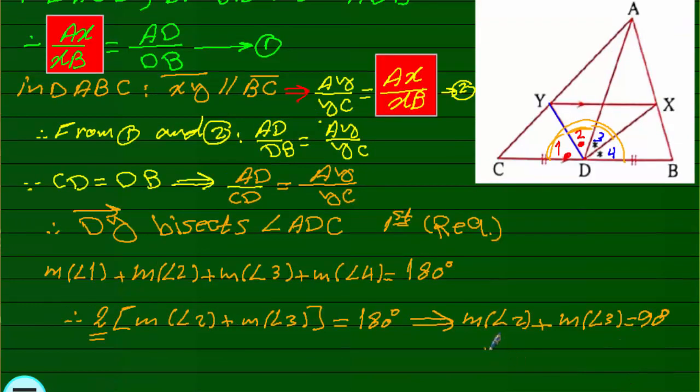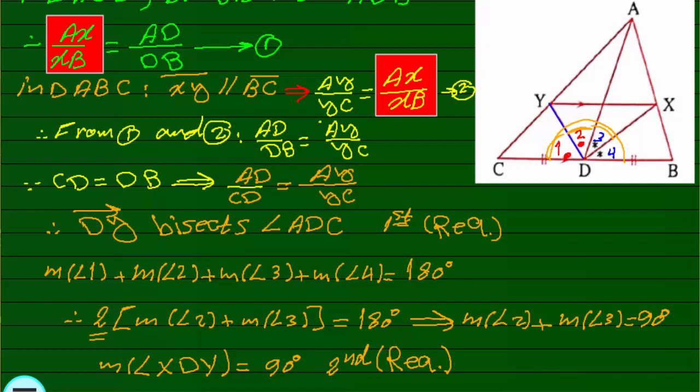And the measure of angle 2 plus measure of angle 3 gives us measure of angle XDY. It is equal 90 degrees. And this is the second required. Next question.